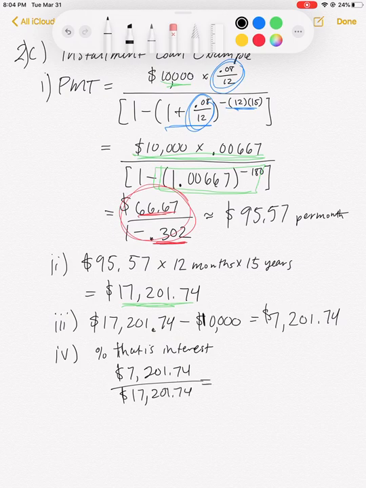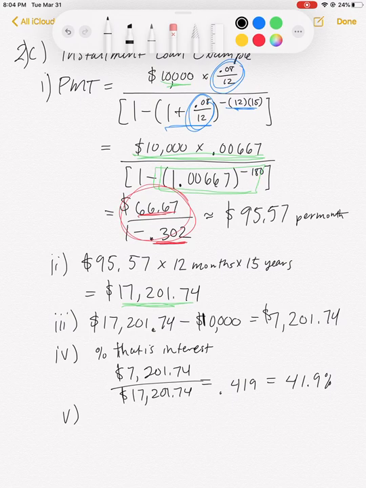When I do that, I get a decimal. I type that in my calculator and I get 0.419, which means that I am paying 41.9% of my payment to interest. So it's a lot of interest. But $10,000 is a lot of money, and most people don't save that, so they need it right away. So yes, there's a price to pay when you borrow a lot of money.